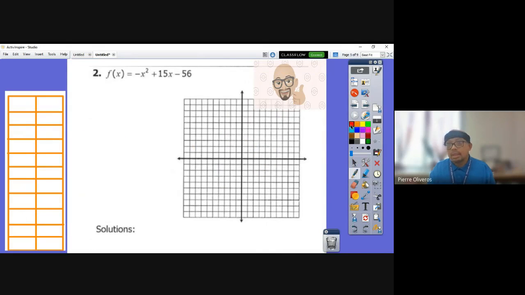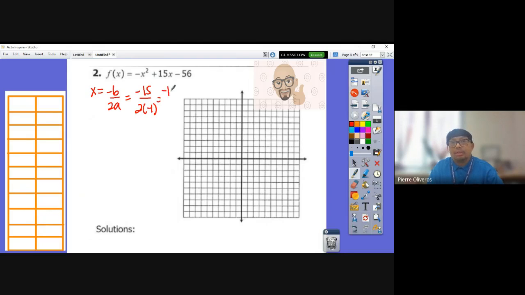Okay, next. Negative x squared plus 15x minus 56. Here again, you're going to do the same thing. You're going to find the vertex: x equals negative b over 2a, so negative 15 over 2 times negative 1.